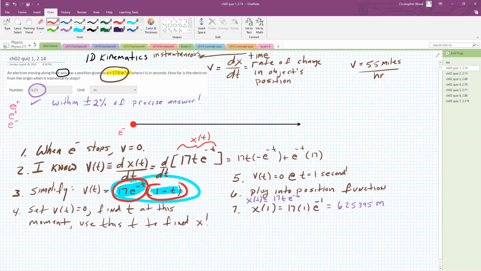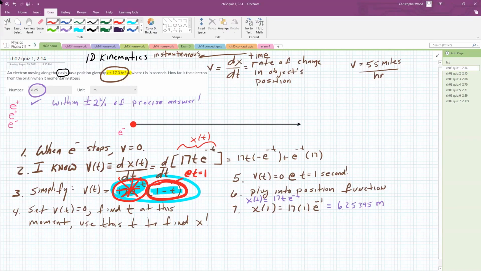Can this term ever equal 0? Yeah, it can. This can equal 0 at t equals 1 second. So that's the thought process. This term right here is never going to equal 0, so how do I have a 0 velocity? The answer is, well, look at this term. Does that make sense? Yeah, that makes sense. Okay, thank you.